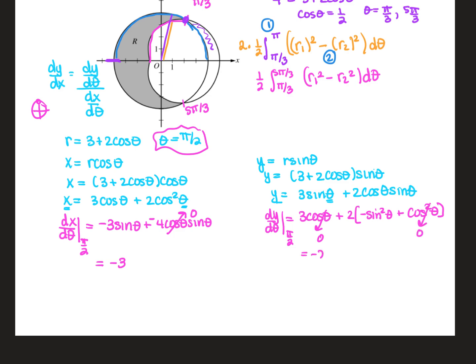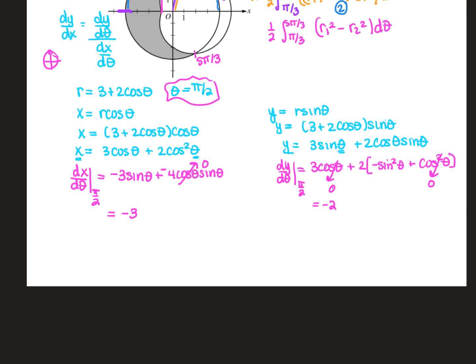So this is negative 2. Since we know dy/dx is equal to dy/d theta over dx/d theta, you're going to have 2/3. This is worth 3 points: 1 for expressing x and finding dx, 1 for finding dy, and then 1 for writing the correct ratio.